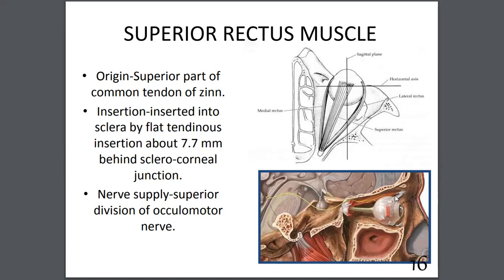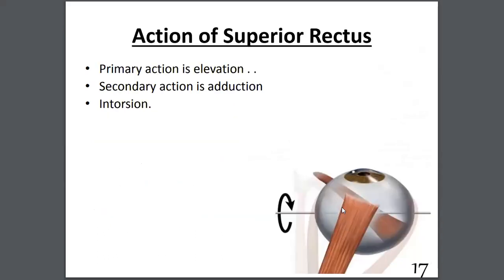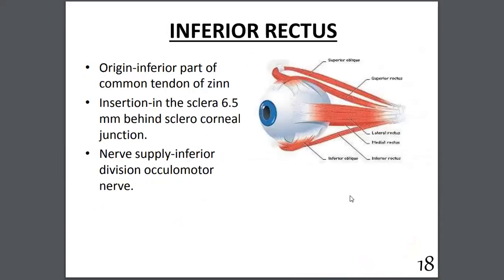Nerve supply is the superior division of the oculomotor nerve. Action: it helps in elevation, and the secondary actions are adduction and intorsion of the eyeball.